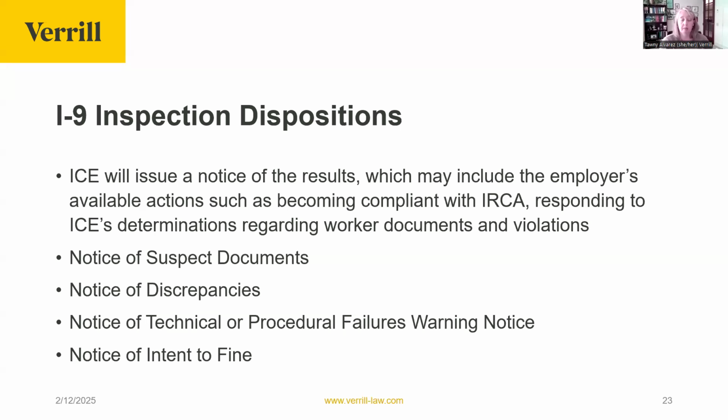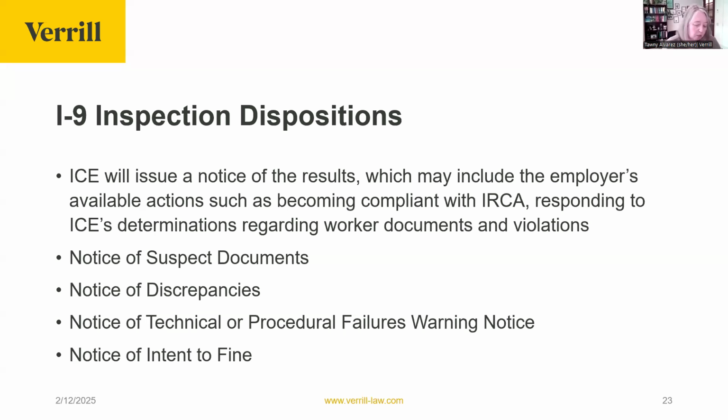Most employers believe that it is helpful and it likely is best practices, but you need to do it across the board. So you can't pick and choose, hey, I have copies for some people, but I don't have copies for others, because that could be seen as discriminatory. I only request copies of people who have brown skin, but not people who have white skin, right? That would be a discriminatory purpose.